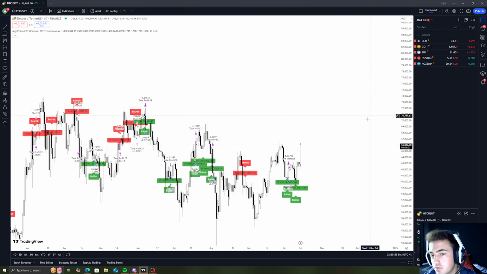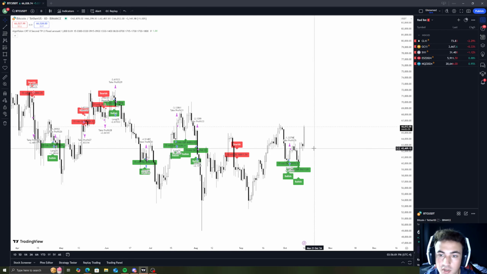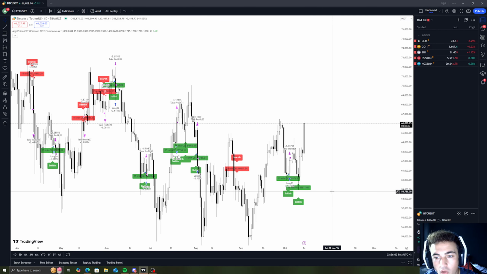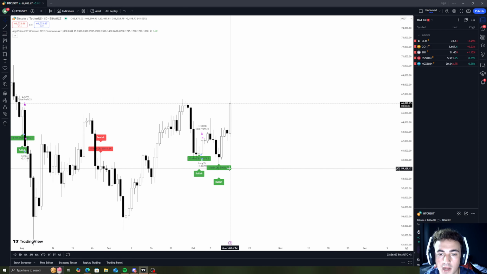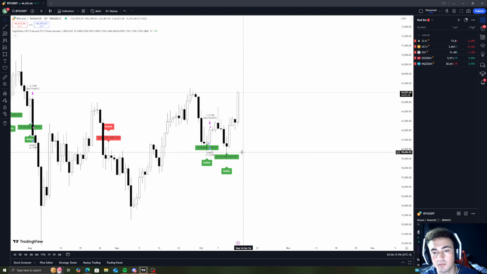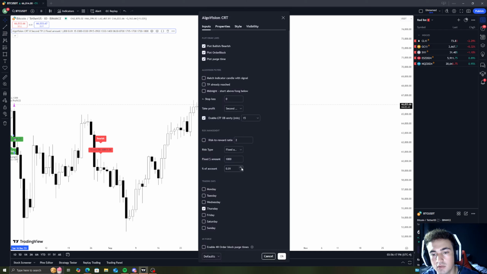And you would have caught this move if you had Algovision or some sort of long setup that you would have taken, right? But Algovision is what I believe is going to help people have some sort of daily bias where they can increase their trading probabilities because they're trading with a higher time frame movement. But not even just that, you can use it as an indicator that you take entries based off of.